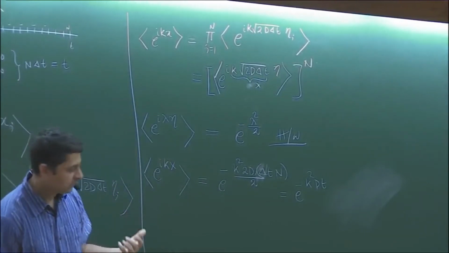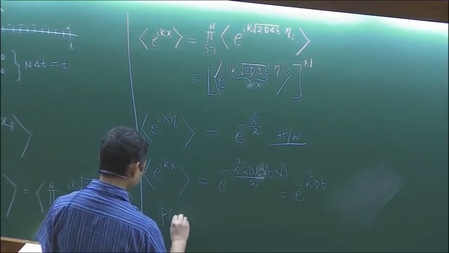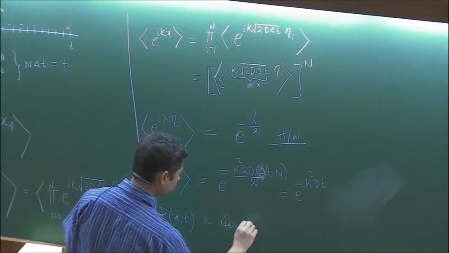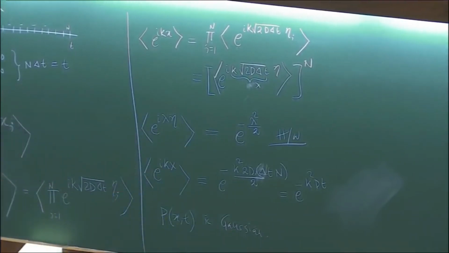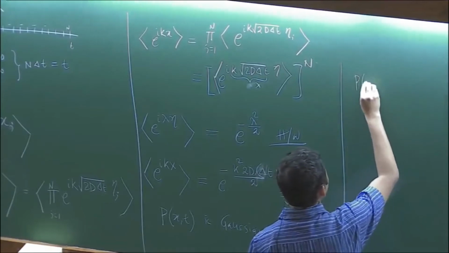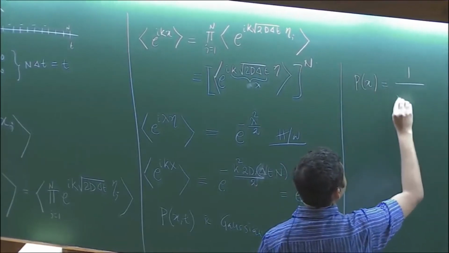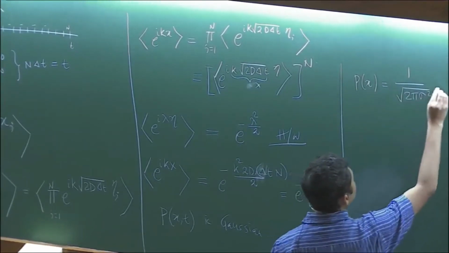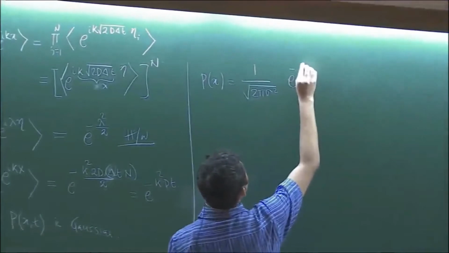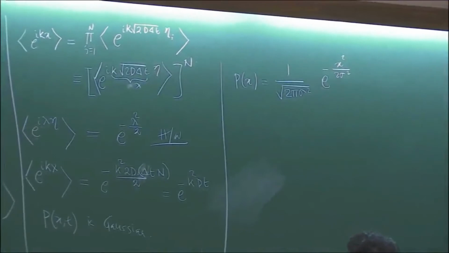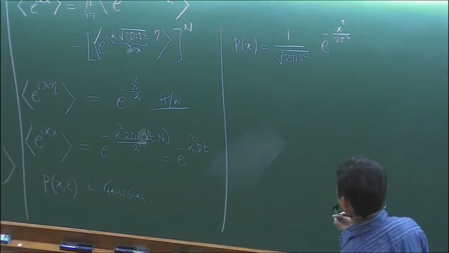Gaussian again, right? So it says that xt is again Gaussian, right? Let me just write it here. If you have a distribution, let's say p of x, which is 1 over square root of 2 pi sigma square e to the power minus x square by 2 sigma square, right?